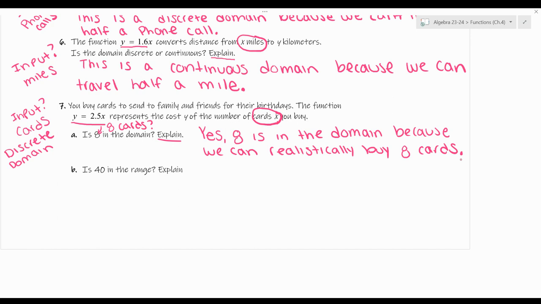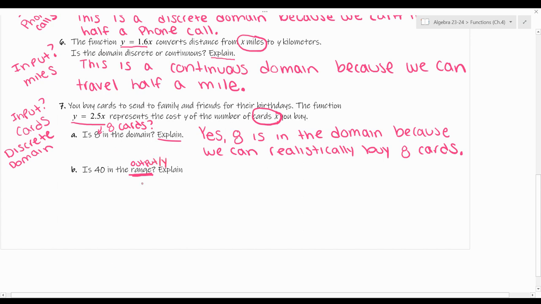Last one in our notes, part B, is asking, is 40 in the range? Whoa, we haven't seen anything about range this entire lesson. That's interesting. So when it's asking, is 40 in the range? Range is your output, y.